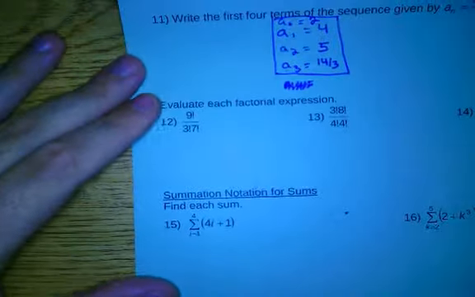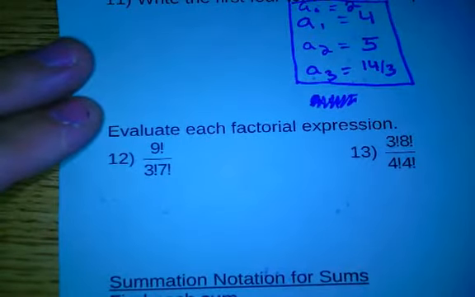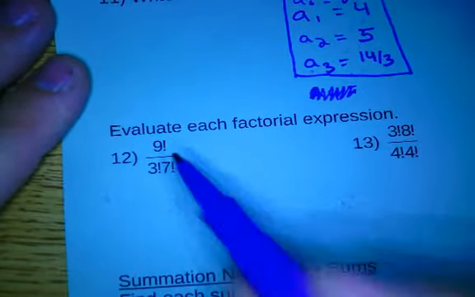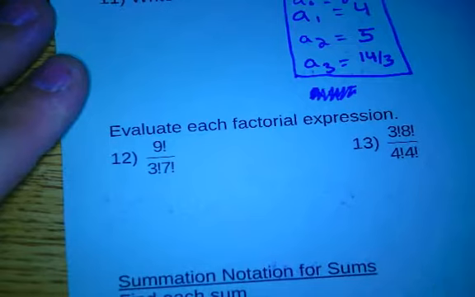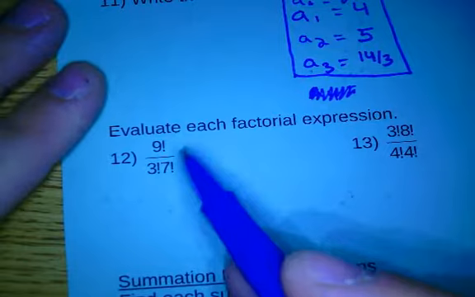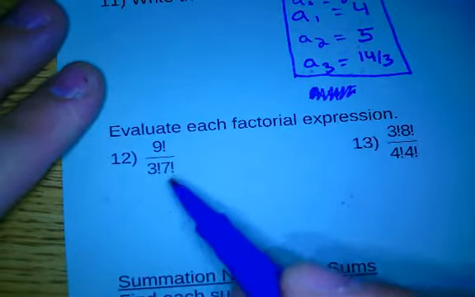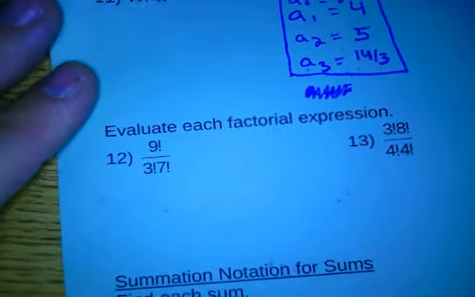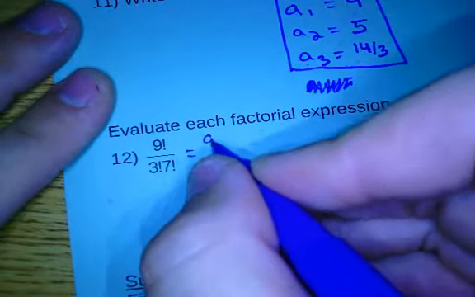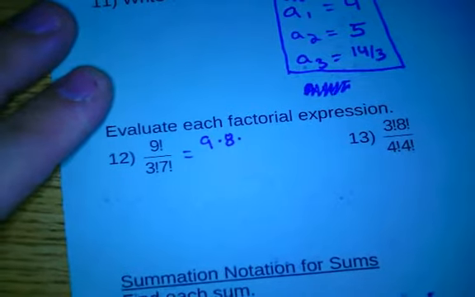Alright, so evaluating factorials. I want to show you a trick. I'll show it for number 12, and then you can figure it out from there. It's difficult to do 9 times 8 times 7 times 6, and you don't want to get really high numbers. So rewrite 9 factorial as 9 times 8 times 7 times 6 times 5 times 4 times 3 times 2 times 1.